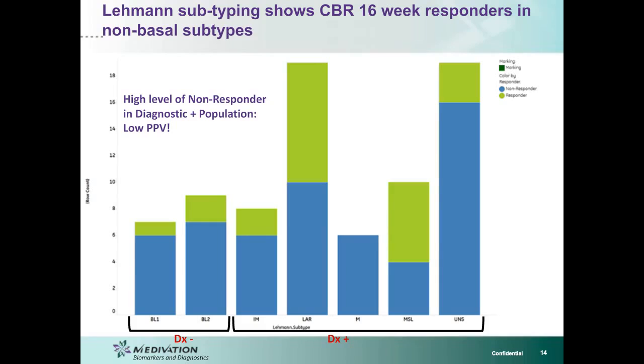However, the high level of non-responders in this diagnostic positive population produces a low positive predictive value. That is, many samples that would be considered positive would not respond to the drug.